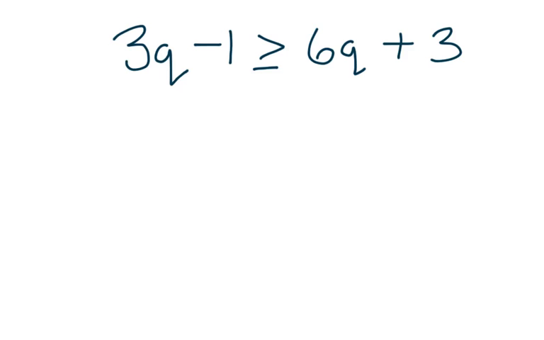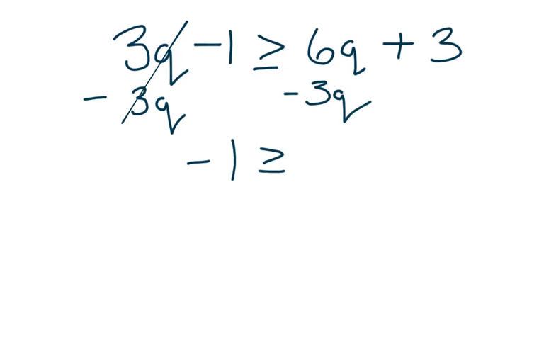So we have 3q minus 1 is greater than or equal to 6q plus 3. So no distributing, no combining like terms on the same side. Now we can move our variable. We're going to move the smaller one, subtract 3q on both sides. It's gone here. Bring down negative 1, greater than or equal to 6q minus 3q is 3q, plus 3.